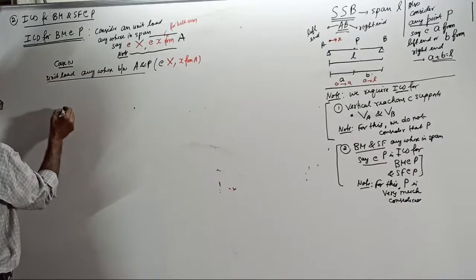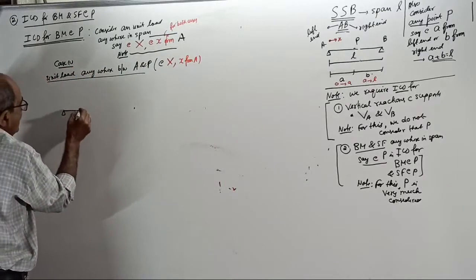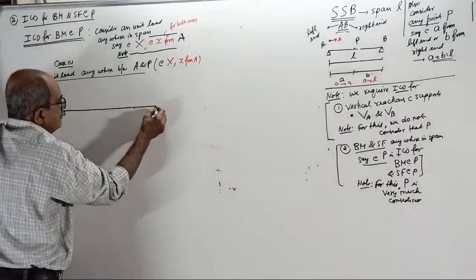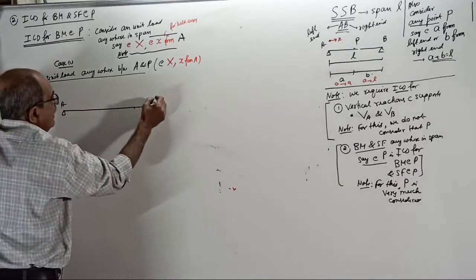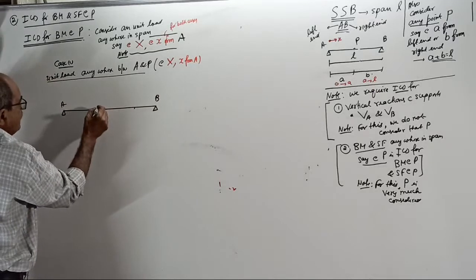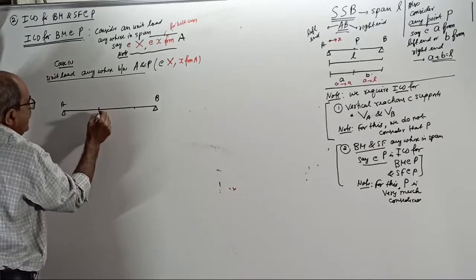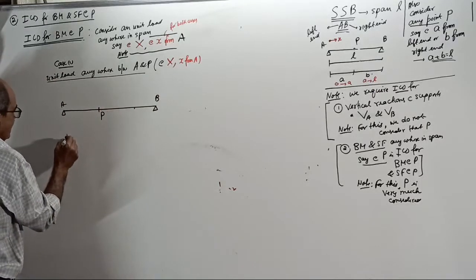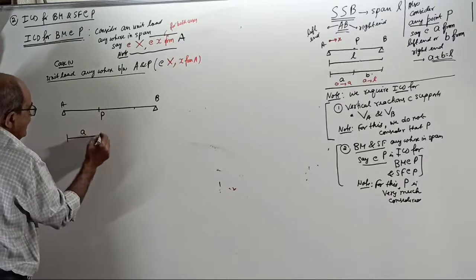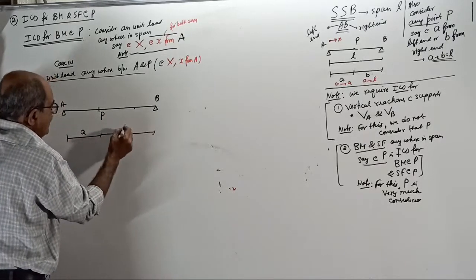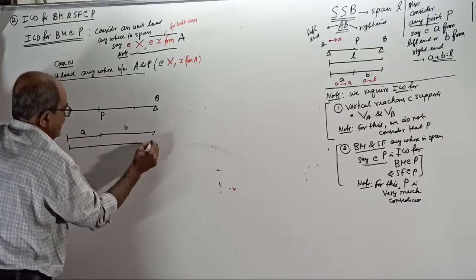Now, put the beam here. Correctly put the beam. This is A, this is B, this is that point P. Okay, point P randomly. Now do one thing. This is A, this is B, this is L.